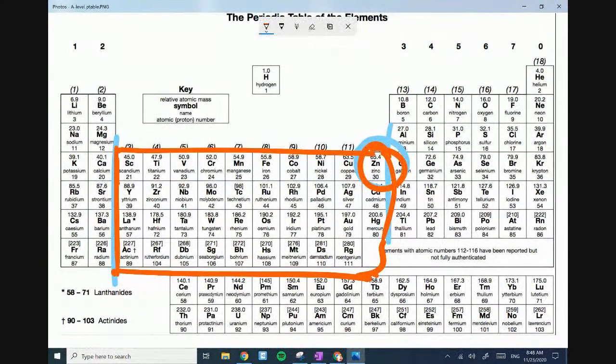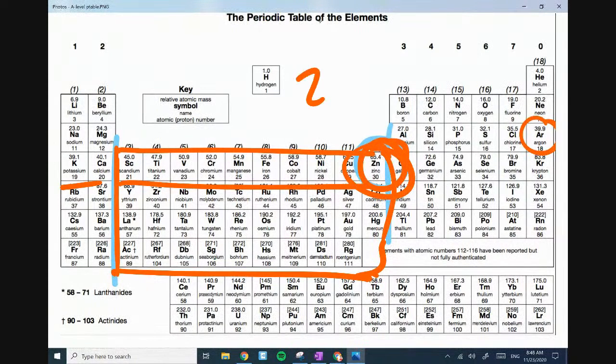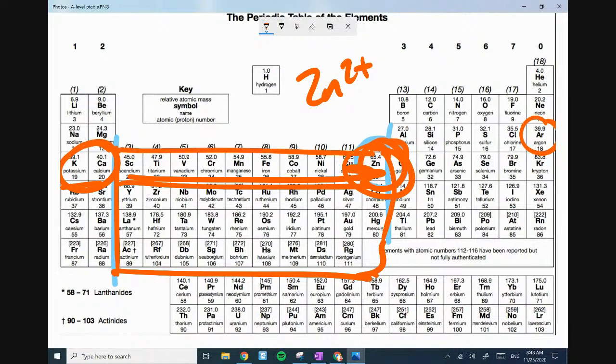Its atom is argon 4s2 3d10, a full D subshell, but as an ion, zinc only ever forms 2+, which means it loses the 4s2, having a complete 3d, so it's definitely not classed as a transition metal.